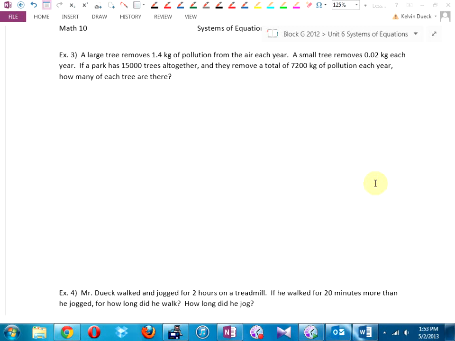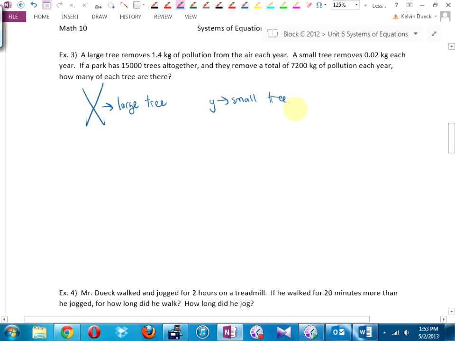So you know what? I'll go with X and Y. X, large tree, Y, small tree. And I even did the X big to jog my memory so that whenever I see X, I think large. Stupid, but it'll work.